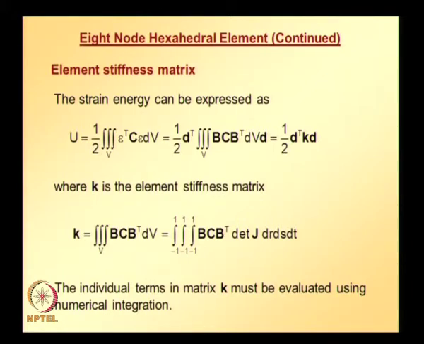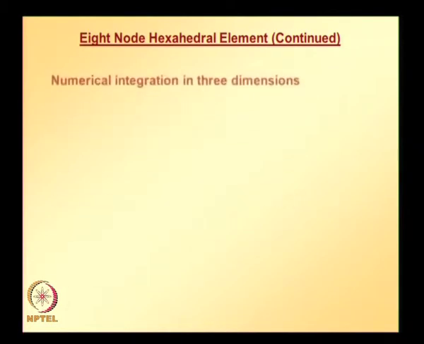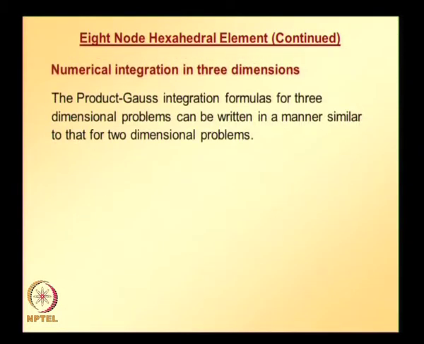So, now let us briefly look at numerical integration in 3 dimensions, which helps us to evaluate this kind of integrals. The product Gauss integration formulas for 3 dimensional problems can be written in a manner similar to that for 2 dimensions, except that whatever we have done for 2 dimensions, we need to extend by one more dimension to get integration formulas for the 3 dimensional case.